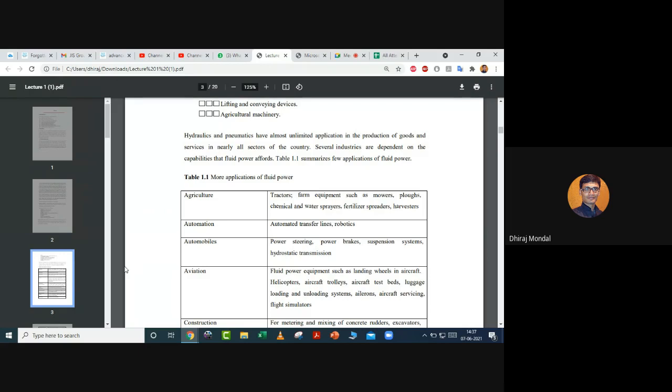In Punjab and Haryana, you will see that the maximum work is done with the help of machines. But in West Bengal, you will see less application. If you compare the farmers of West Bengal with the farmers of Haryana and Punjab, you will see much more difference.